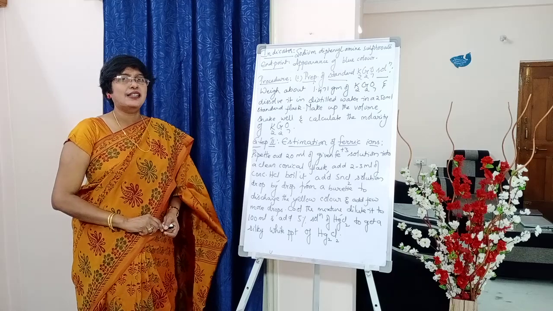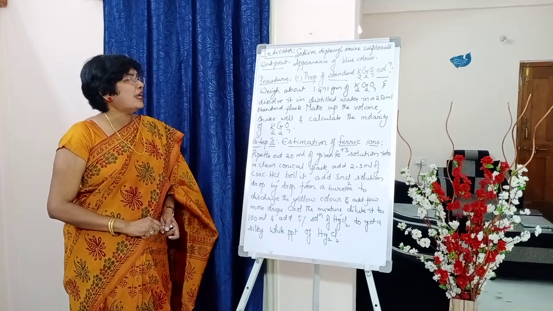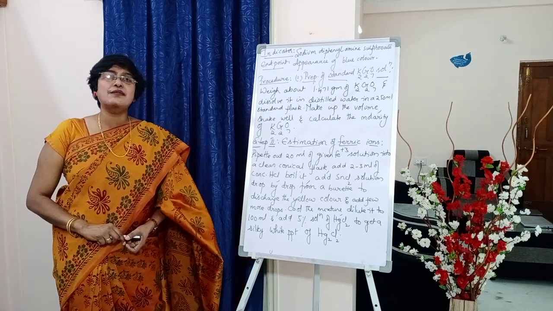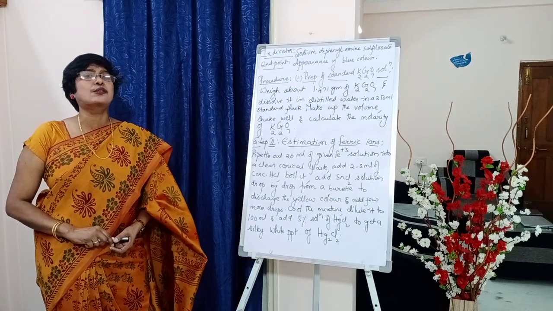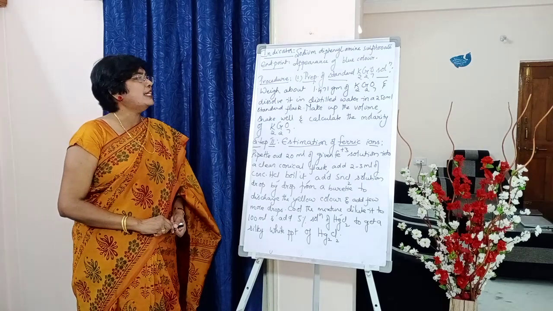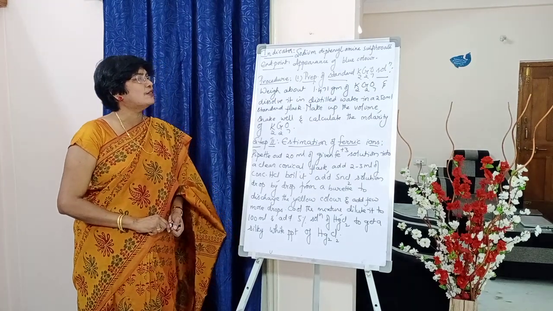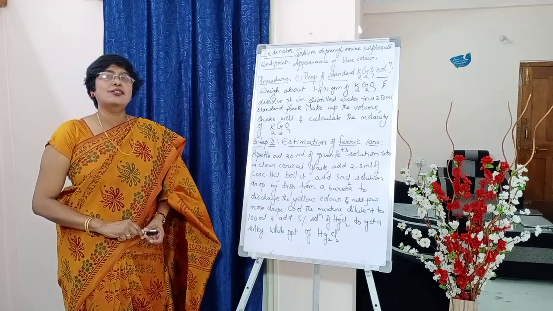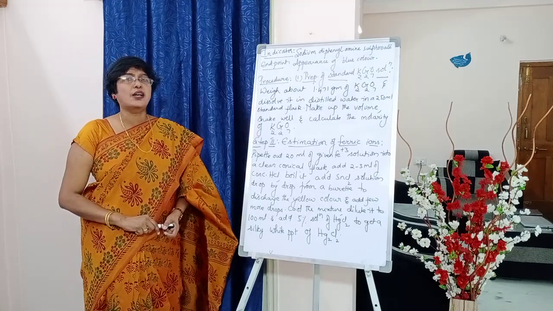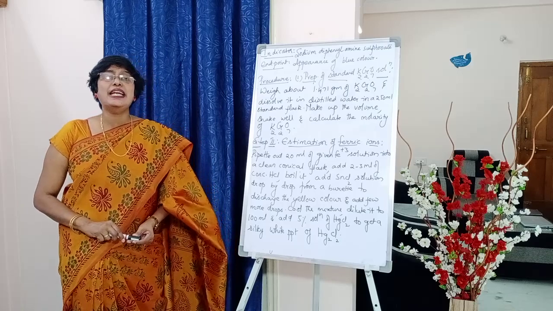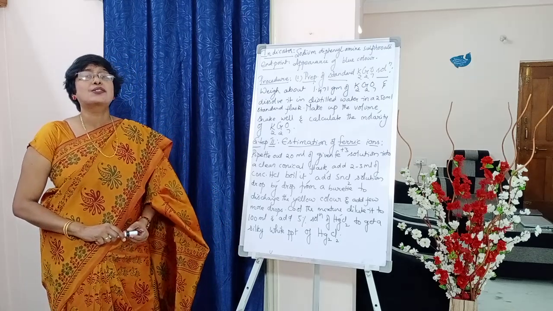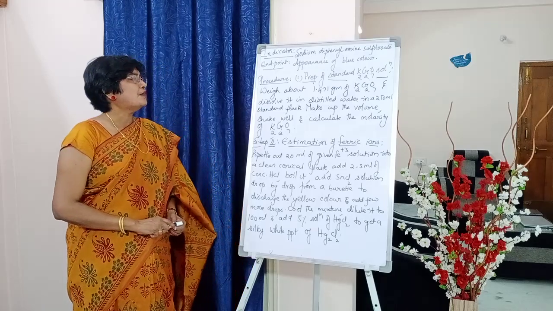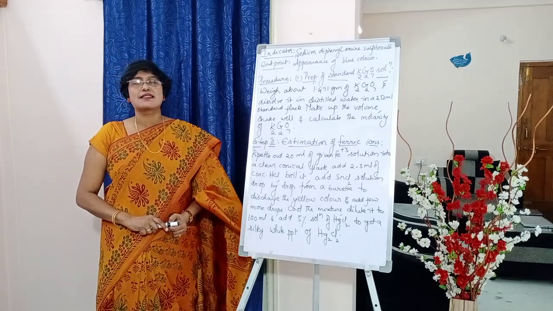What did we do there? Do you remember? Write down: weigh about 1.471 grams of K2Cr2O7 and dissolve it in distilled water in a 250 ml standard flask.